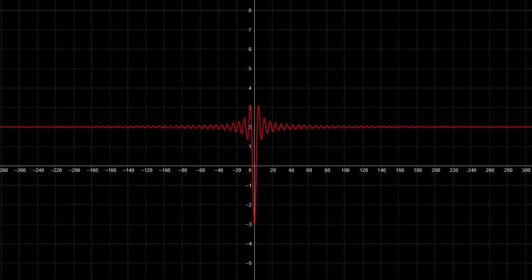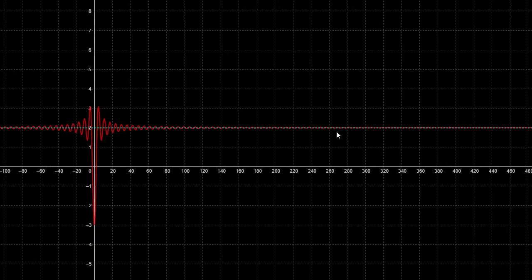y equals 2. So if I graph y equals 2 real fast, it's kind of hard to see. There we go. So we can see that here's y equals 2, and that is what our graph is getting closer and closer and closer to as we go out further.